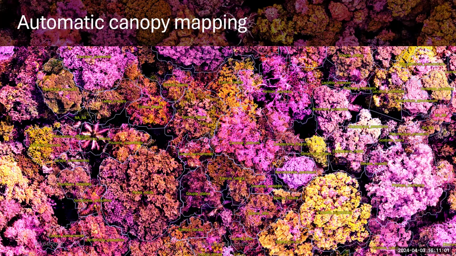What we've done is we've gone in, delineated all the tree crowns in the forest plots in which we were studying, and provided them with a species label. This was done by matching what we could see from above and what we were seeing from below the canopy, and matching the crowns to the inventory data. So that was generating our training and testing data of these individual tree crowns.